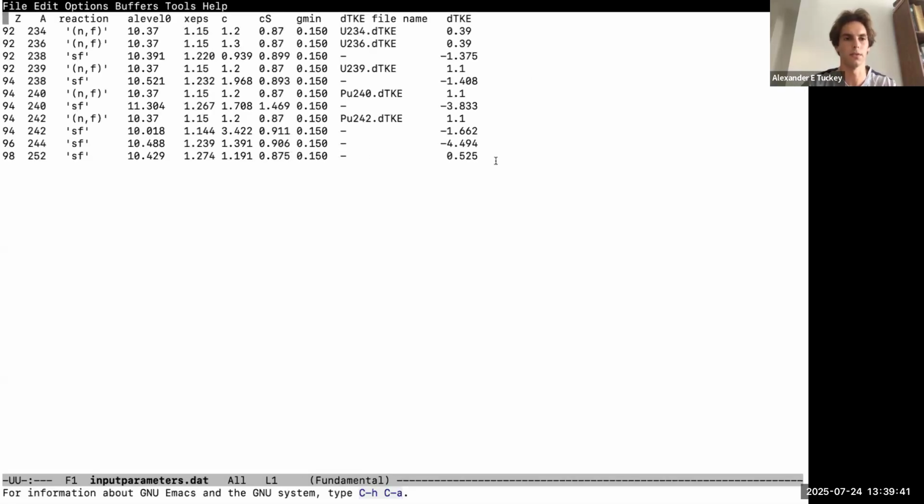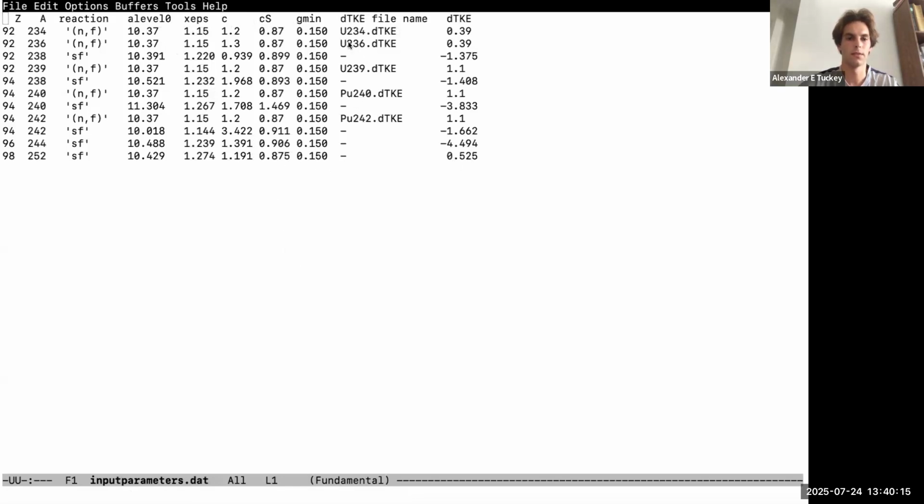Here are housed all of the Freya parameters for all of the currently supported nuclei, both spontaneously fissioning and neutron-induced fissioning nuclei. I'll mention that what I've referred to as E0 is this A level 0 parameter. This X epsilon is X, C is the same, CS is the same, and TTK is the same.